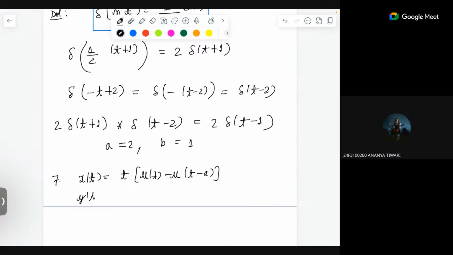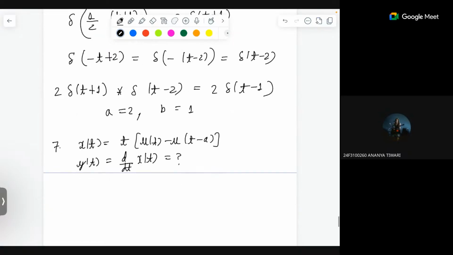You have to find y of t, which is d by dt of x of t. So question is clear, Ananya? Rohit, is the question clear to you? You can start solving. Rohit, you can also try to solve this question.